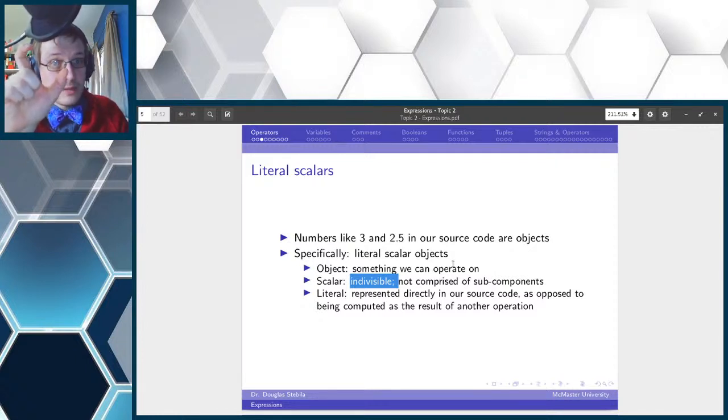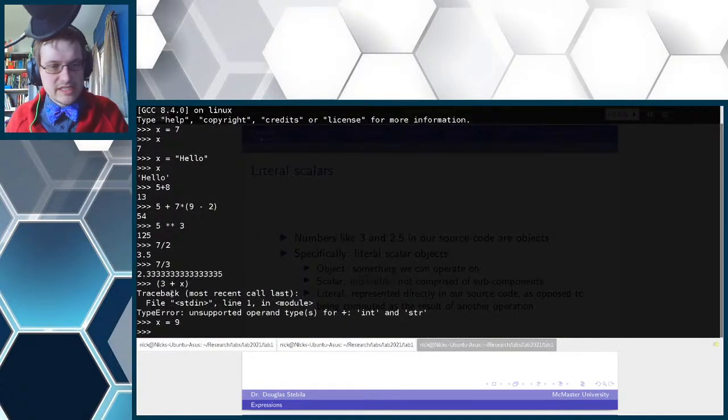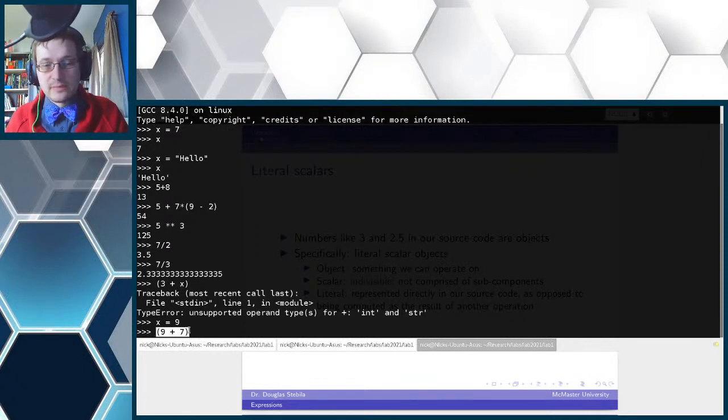Even though you can take the number 9 and divide it numerically, whole number division is a valid operation on 9. So in a numeric sense, it's divisible. The number 9, as expressed in a programming instruction, cannot be broken down into smaller instructions. This guy, for example, 9 plus 7, once it's in brackets, is an object, but it's not a scalar object.